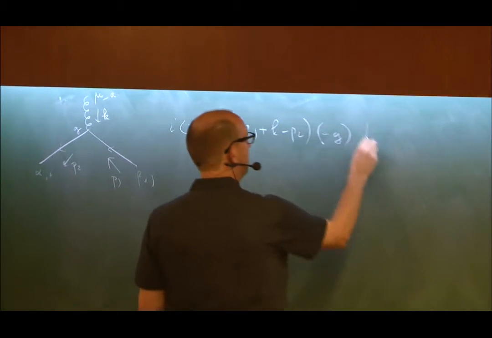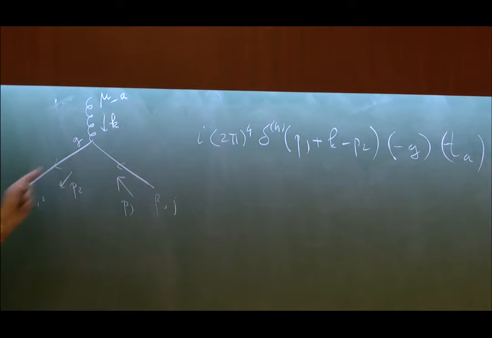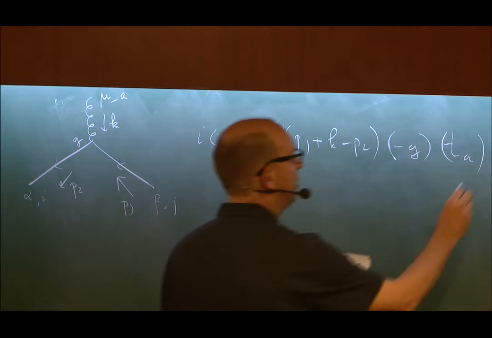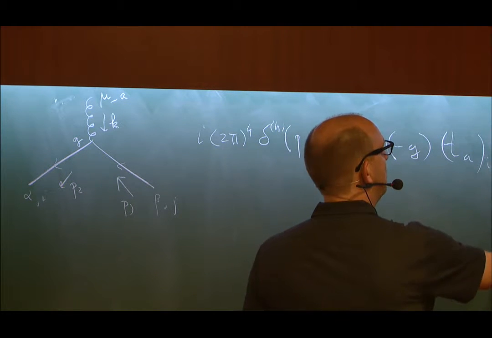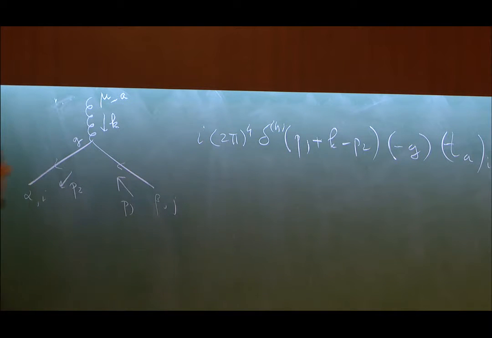And again, you have to go against the charge flow, also for the color indices, so it's IJ. And we have gamma mu, alpha beta. So basically at this vertex sits not just the charge, but also a color generator, a generator of SU(3). You see all the indices are accounted for.